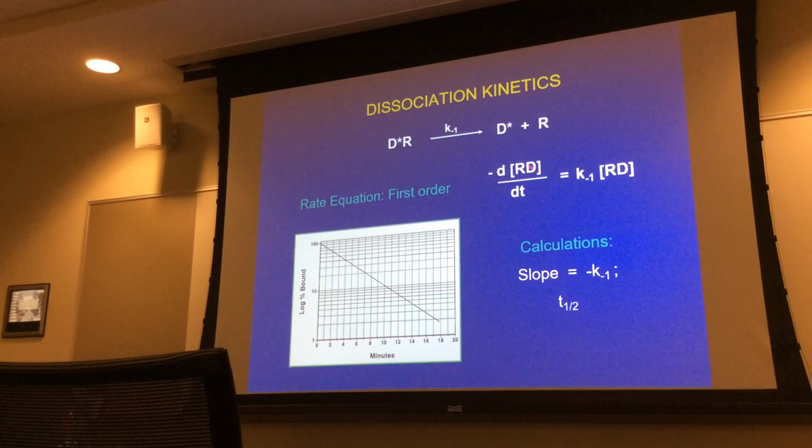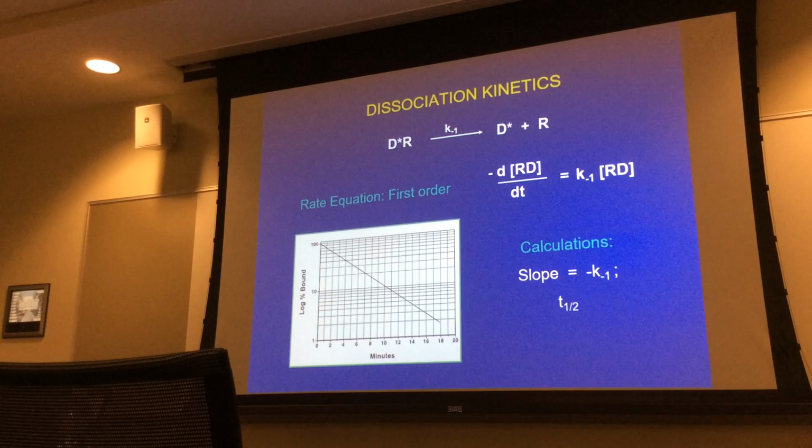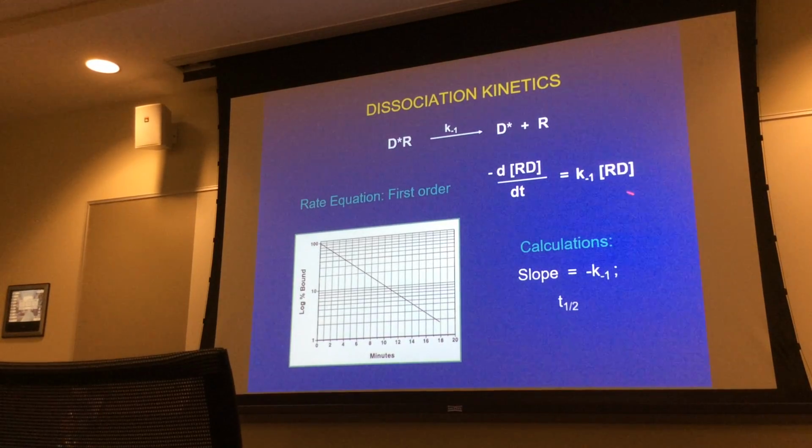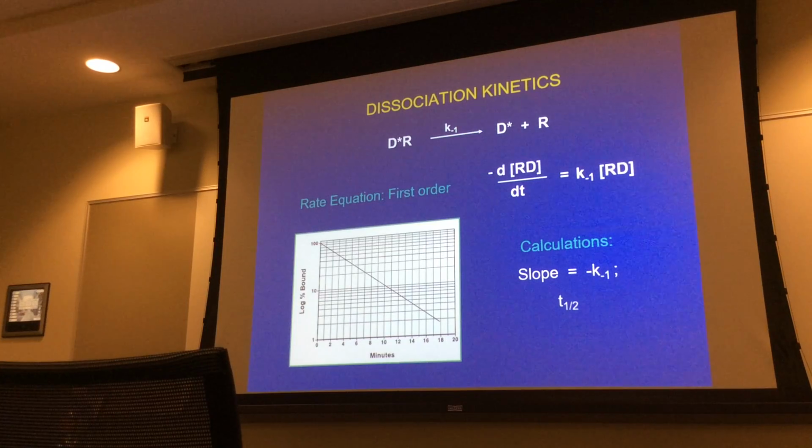So d[RD]/dt is a function of time. The rate of disappearance of the drug receptor complex as a function of time is equal to K-1 times the concentration of the drug receptor complex. So this is a first order equation because it's got only one variable in it. Very simple. The only variable that you've got in it is the concentration of drug receptor complex.